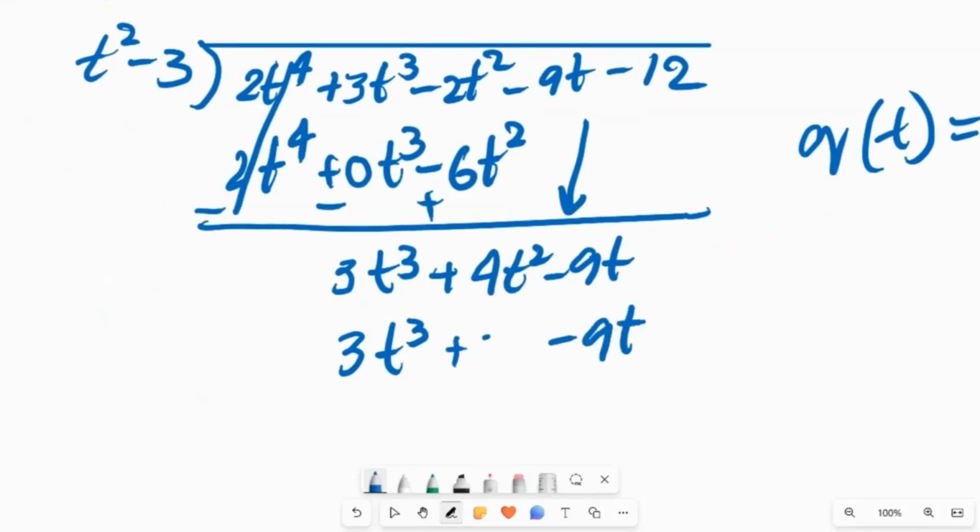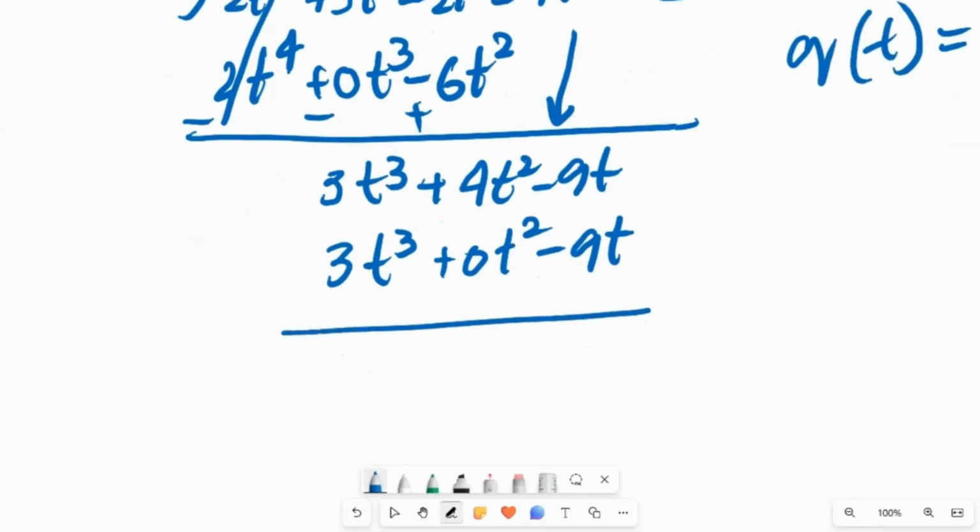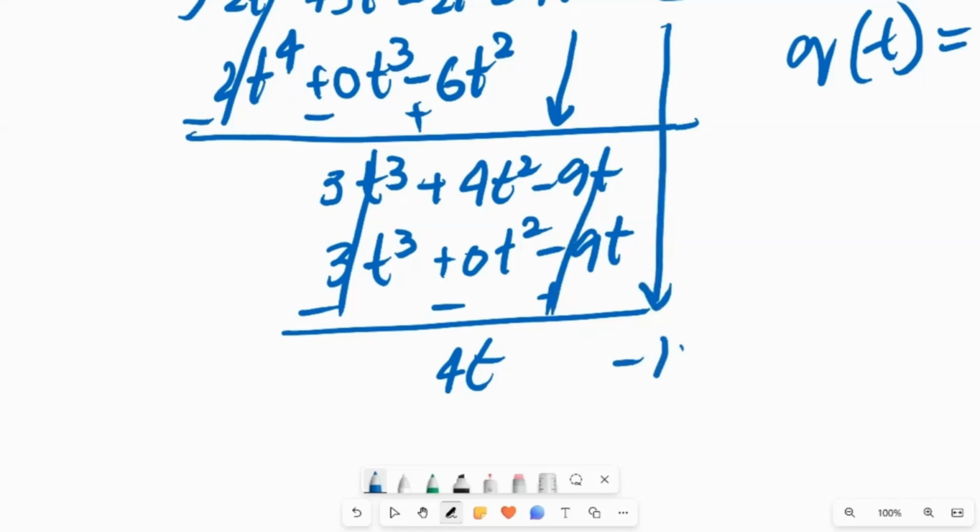So this would be plus 0t square, since there is no t square term. Now change the signs. This would be minus, this would be minus, this would be plus. So 3t cube minus 3t cube is 0. 4t square, so this would be 4t square. And minus 9t plus 9t is 0. And bring down the minus 12 term.